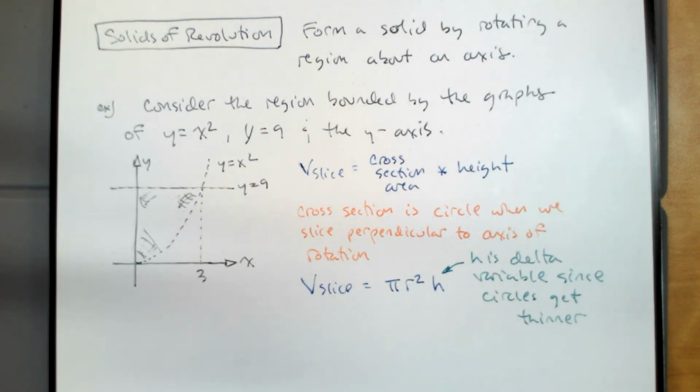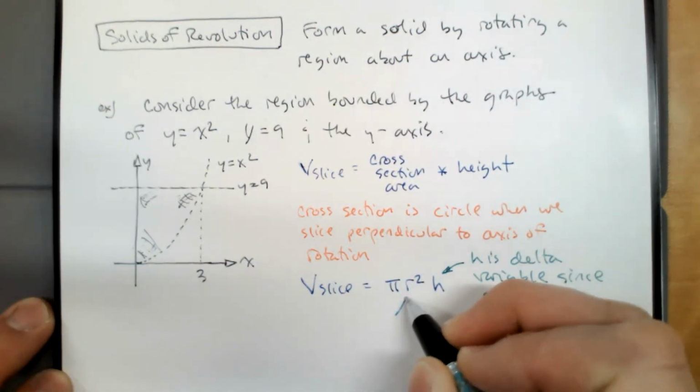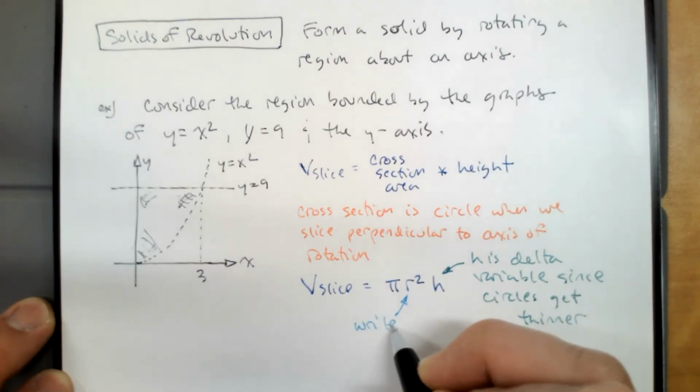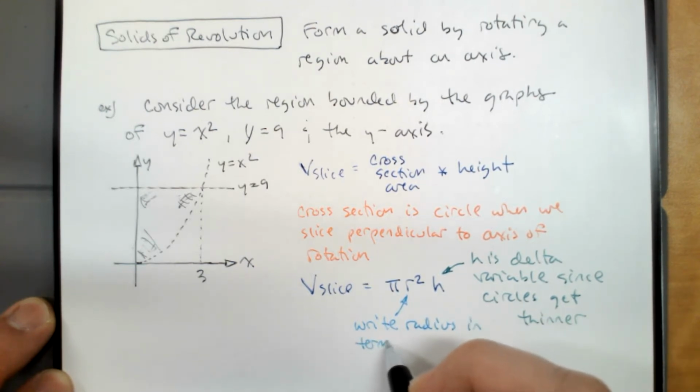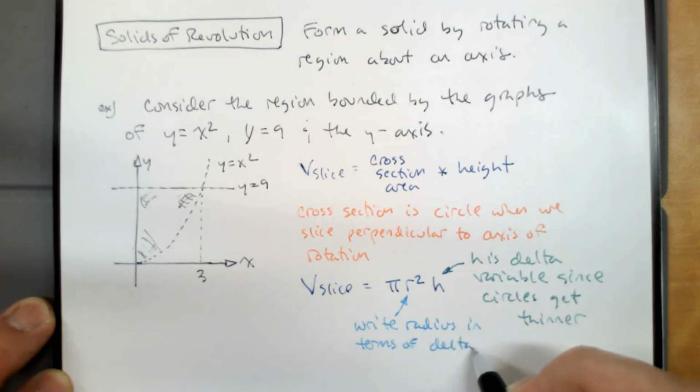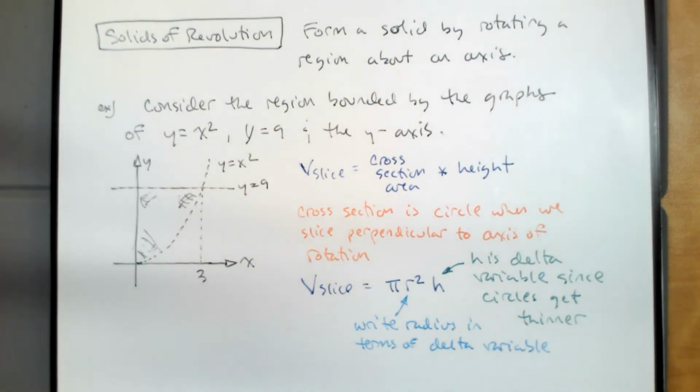Then all we have to do is label the radius and write the radius in terms of the delta variable, so that the expression is all in terms of x or y.